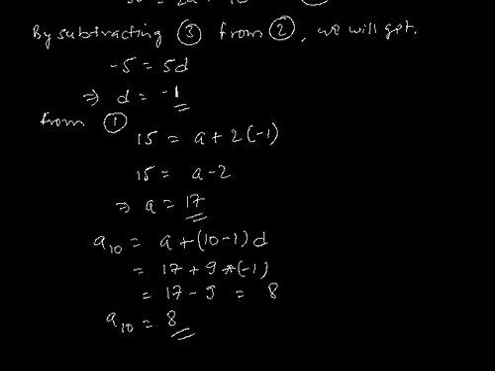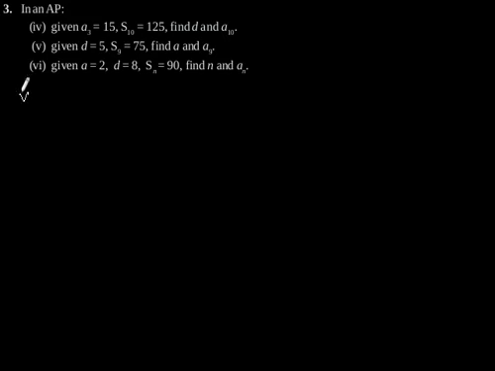Now the fifth part. Fifth, given is d is equal to 5 and S9 is equal to 75. We need to find out a and A9.